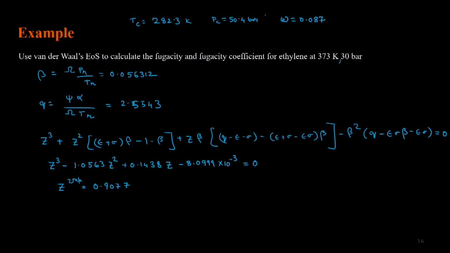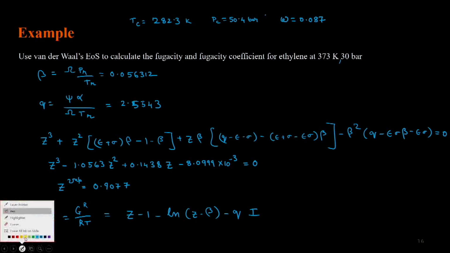Once I have that value, I can go back and calculate GR by RT or ln phi, which is Z minus 1 minus ln of Z minus beta, minus Q times I. So I have beta, I have Q, I have Z. What I don't have is I. And for van der Waals equation of state, epsilon equals sigma equals 0.